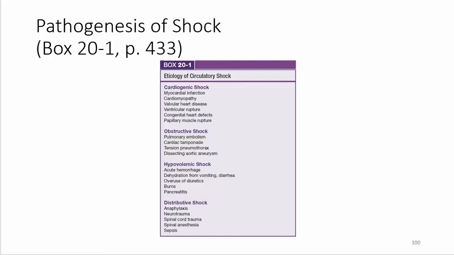Hypovolemic shock is when you are losing fluid and the blood pressure drops because there's not enough fluid. So that could be things like hemorrhage. That's a very common one. Dehydration, vomiting, diarrhea. Overuse of diuretics, people overdose on that. Burns are an interesting cause of hypovolemic shock.